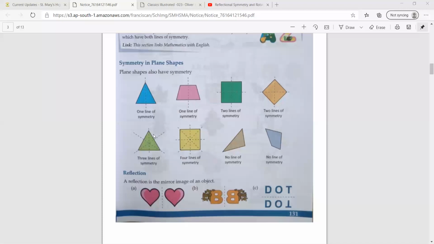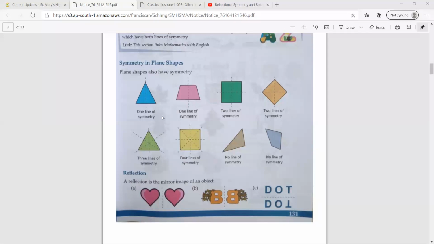Where all three sides are equal, it is called an equilateral triangle. And the one in which no sides are equal will be called a scalene triangle.